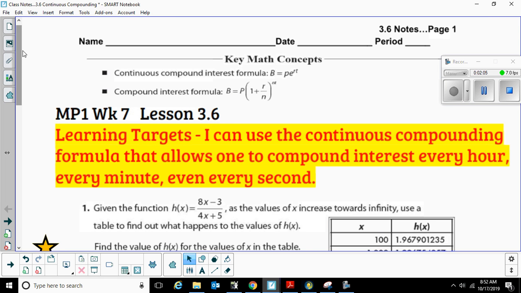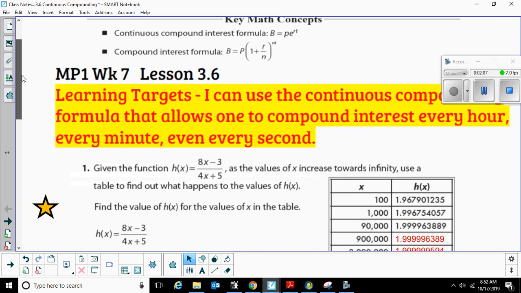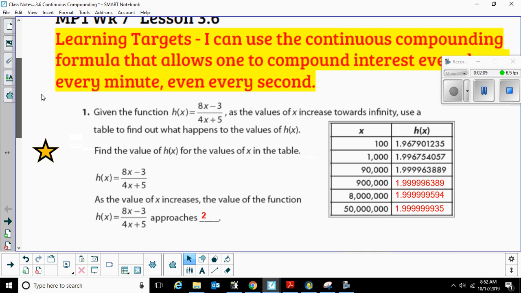All right, so on your worksheet, I start out with the question: given the function h of x, where the numerator is 8x minus 3 and the denominator is 4x plus 5. As the value of x increases towards infinity, use a table to find out what happens to the values.